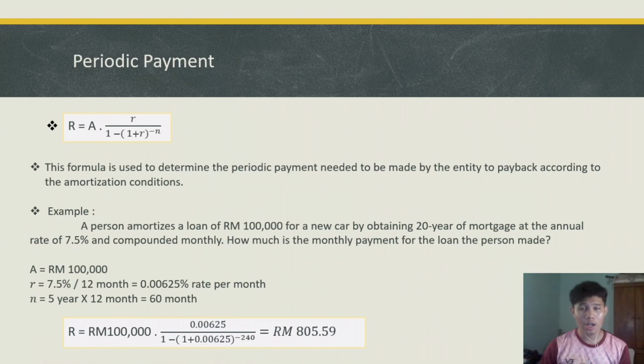They want the monthly payment, so we need to divide the annual rate by 12. The same goes for the number of periods. It is given in years, but we need to pay monthly, so the number of years needs to be multiplied by 12, because 1 year has 12 months. So the answer is given in the slide.